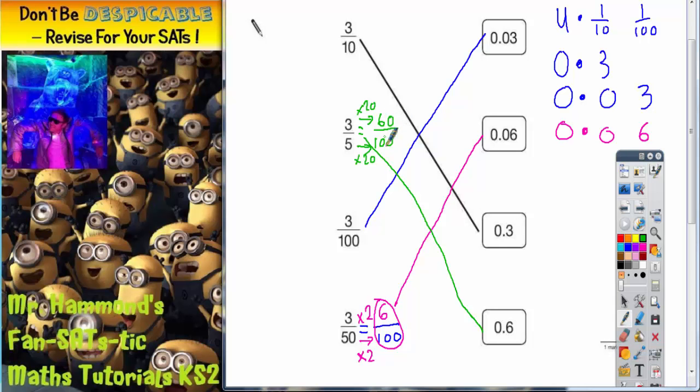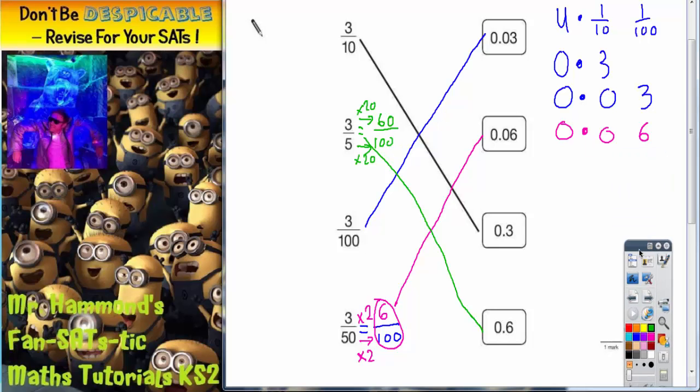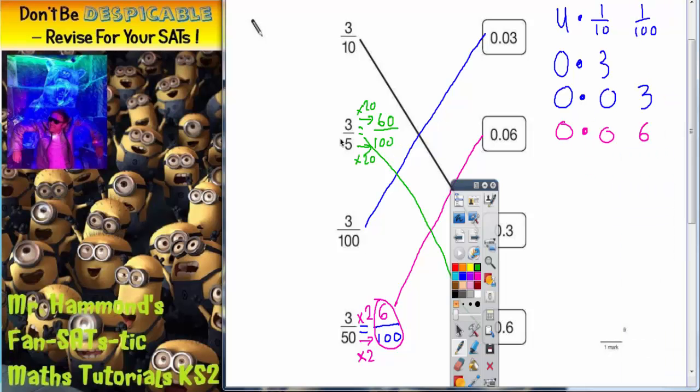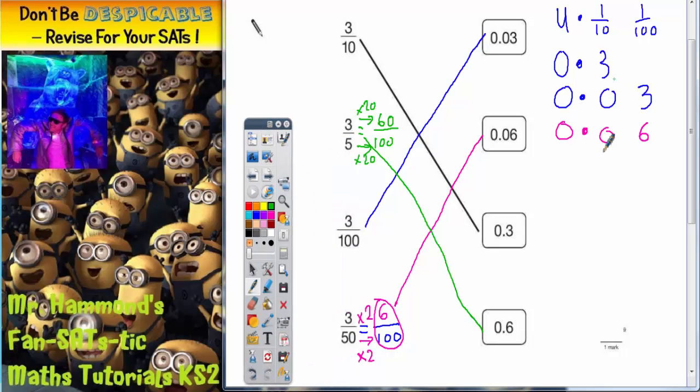And 60 out of 100, 60 hundredths, if you put it into the columns, would look like this. 60/100ths, which when you put your decimal point in and your 0, it's 0.60, and remember 0.60 is the same as 0.6. So 3/5 has got to go to 0.6.